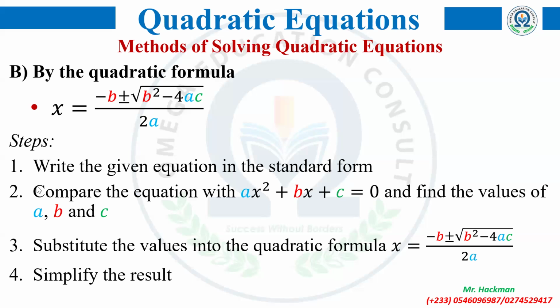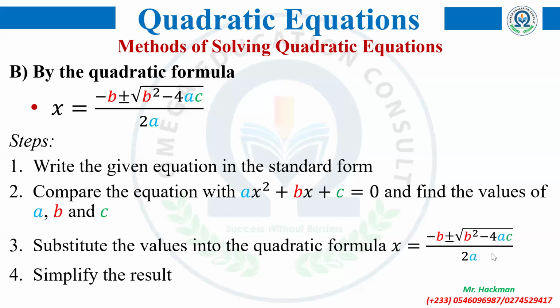Then 2: compare the equation, the resultant equation after writing it in the standard form, everything on one side equated to 0, with the general form AX squared plus BX plus C equal to 0, and find the values of A, B, and C. Then the third step: substitute the values into the quadratic formula.